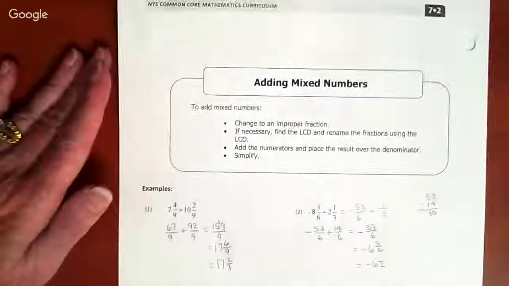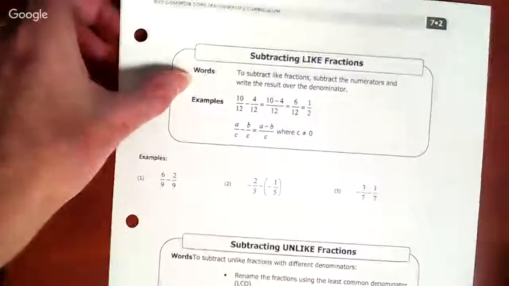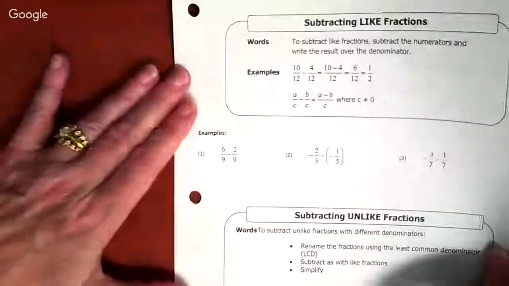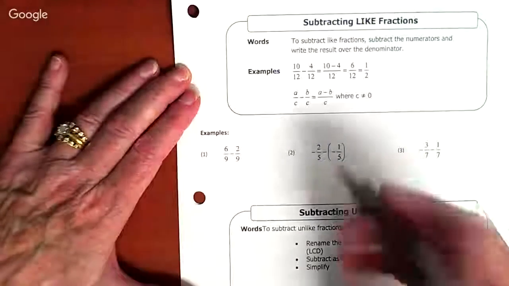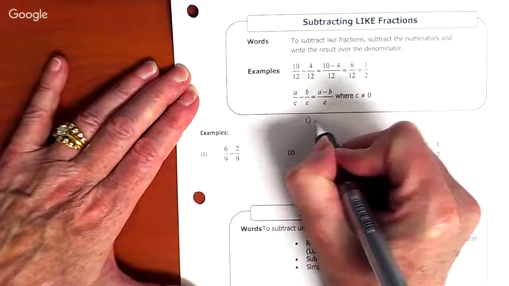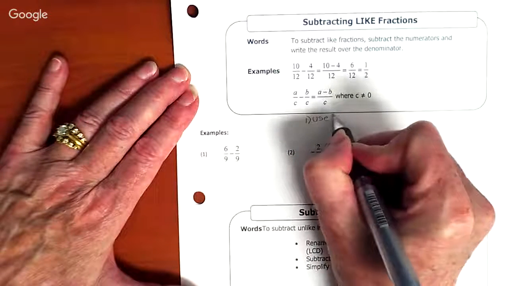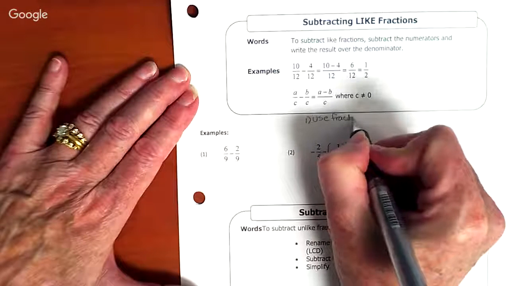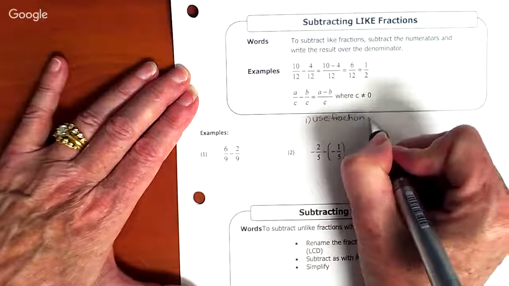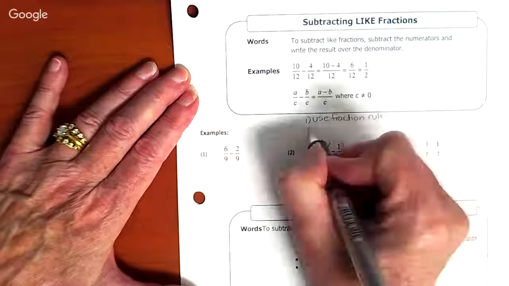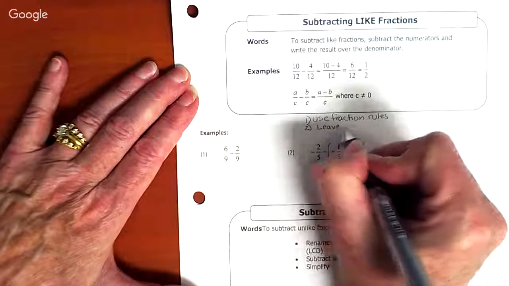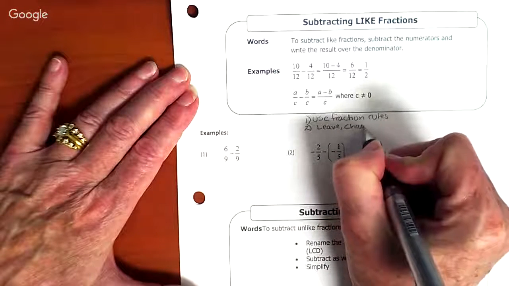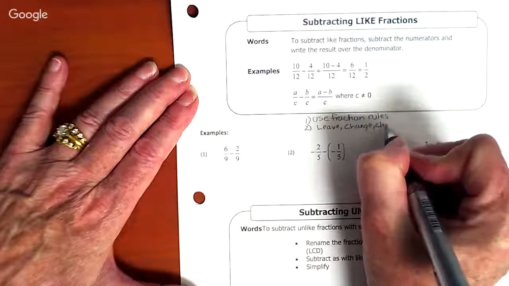Okay. Next, we are going to subtract like fractions. By doing that, we are again going to use our fraction rules. And then do leave, change, change.